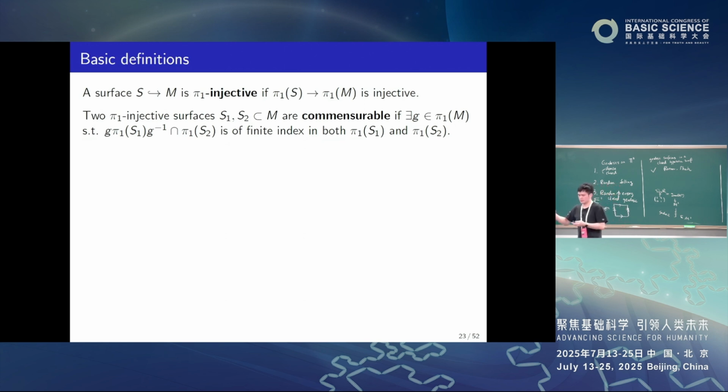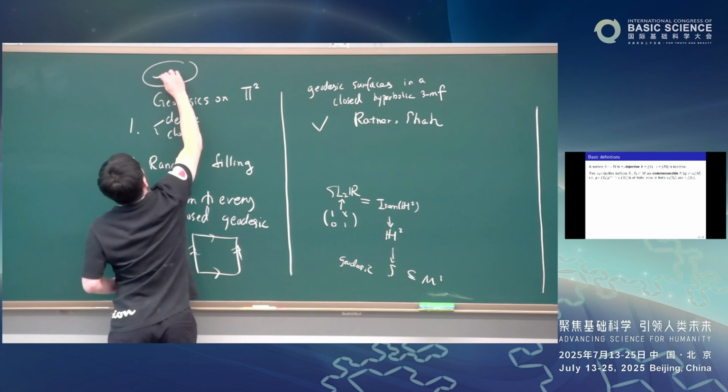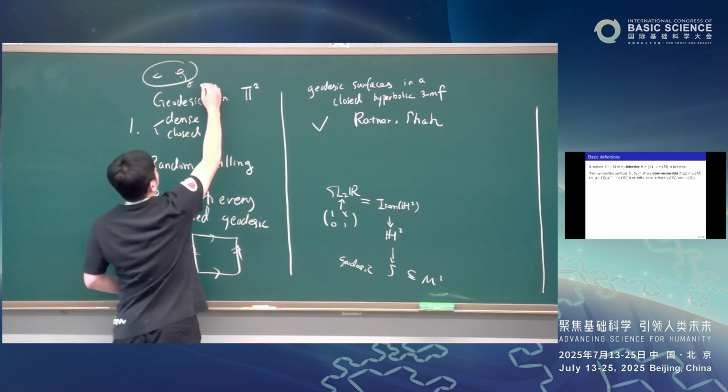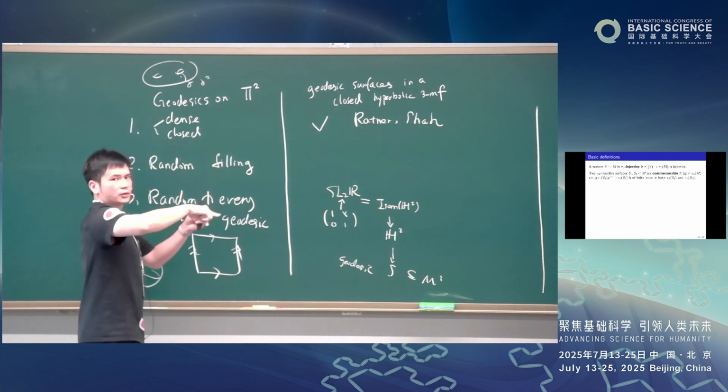Okay? That's commensurable. I don't want to distinguish between commensurable surfaces because commensurable surfaces, in your manifold, look the same. So think about a hyperbolic geodesic here. This guy called gamma, this is a geodesic, and gamma squared you just wrap around twice.